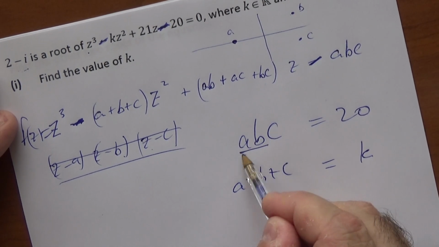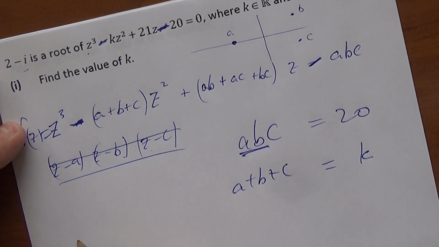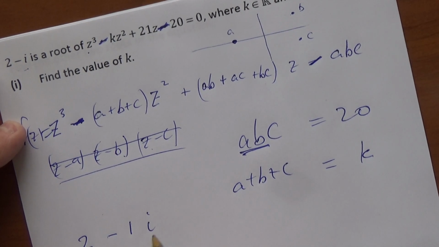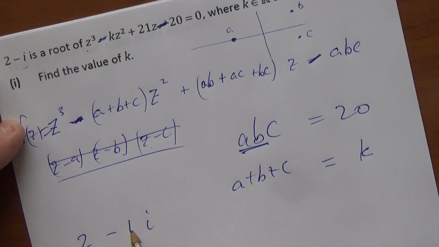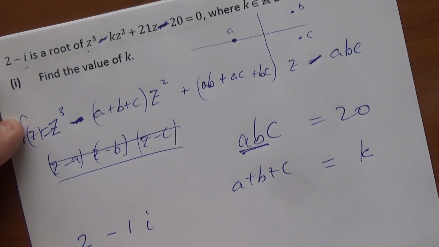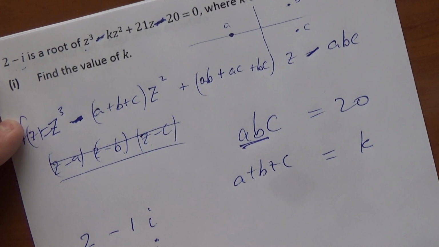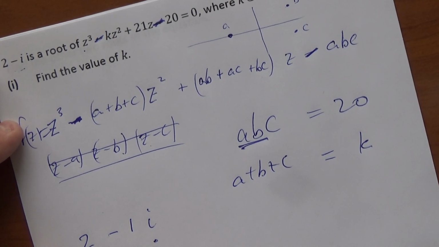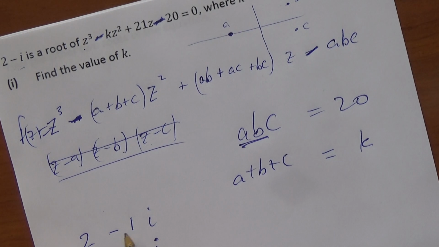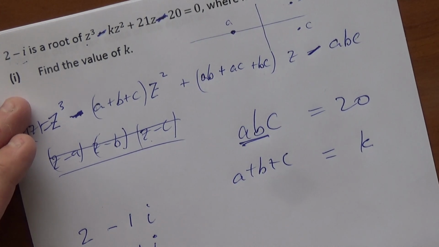Now furthermore, ab: if we make the coefficients explicit, they are 2 minus i and its conjugate 2 plus i. When you multiply them out, you end up getting 2 squared plus 1 squared, and it doesn't matter what the sign of the coefficients given for the conjugates was. So it's 2 squared plus 1 squared, which is 5.